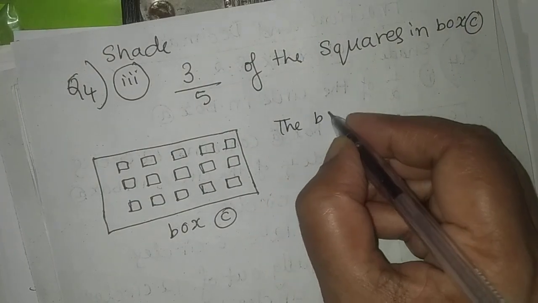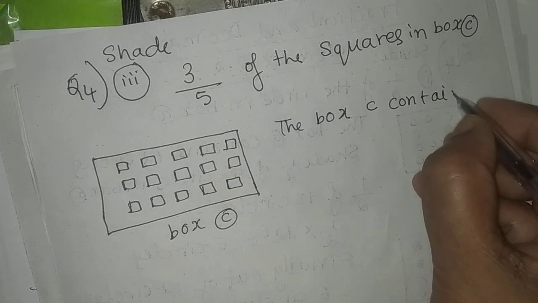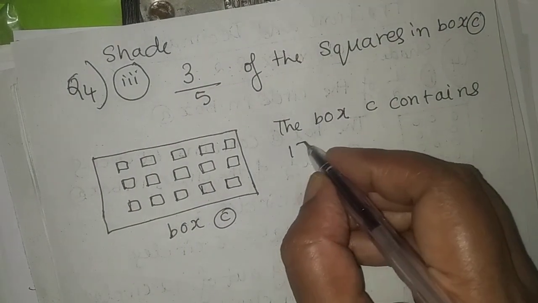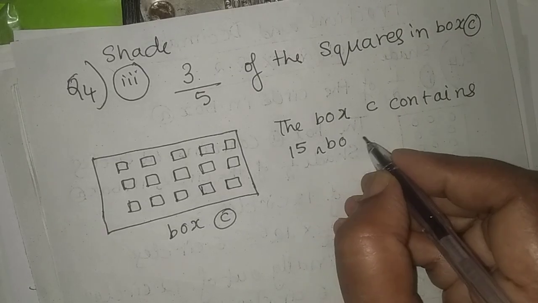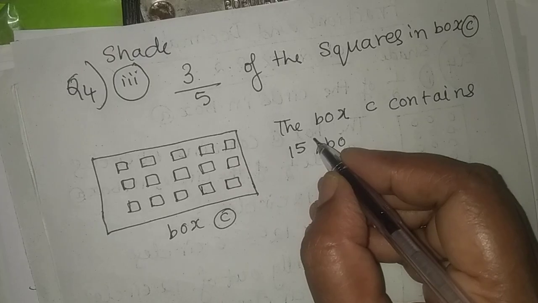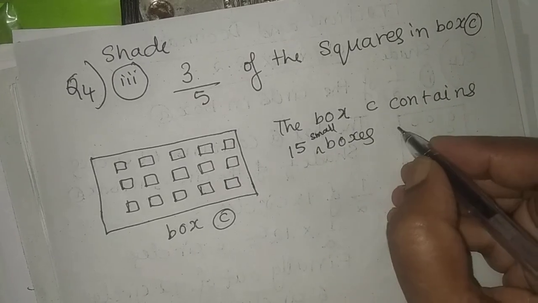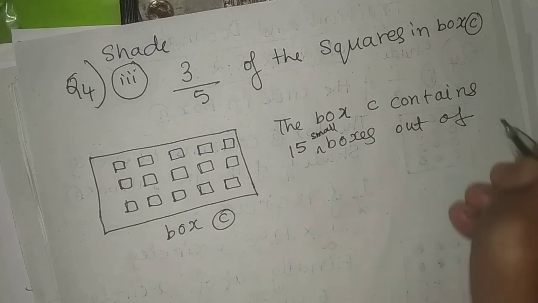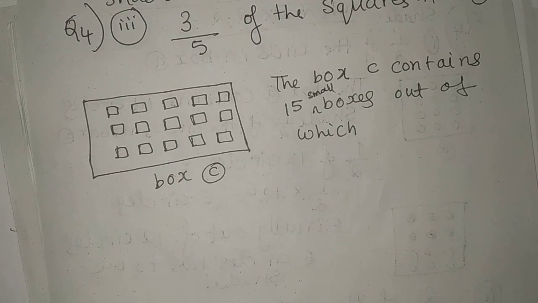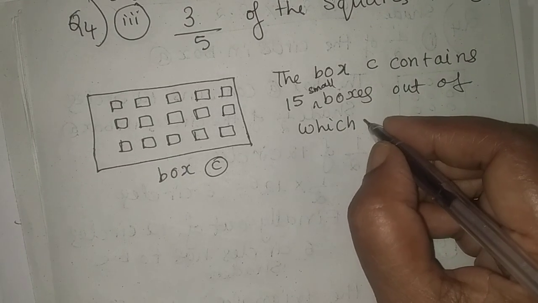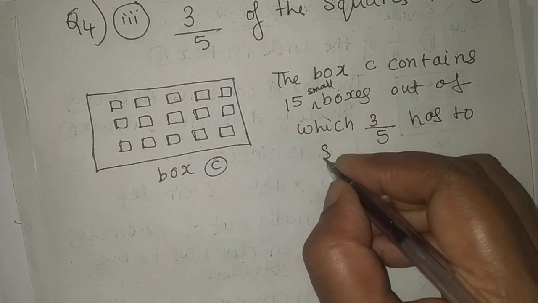The box C contains 15, excuse me, small boxes, out of which 3 by 5 has to be shaded.